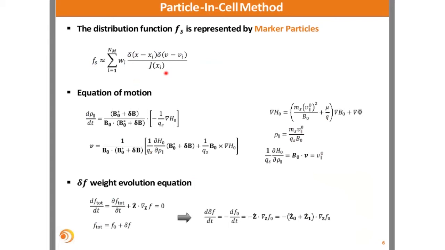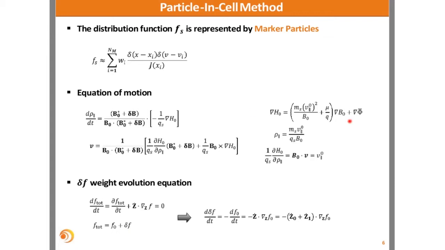On every particle we solve the equation of motion to simulate the trajectory of each charged particle, and we also evolve each particle's weight, because we are using a so-called delta f simulation, in which we only simulate the deviation from the prescribed F0 function. This is the total particle distribution function, but we are interested only in the small deviation, to simulate the small amplitude of the microturbulence.